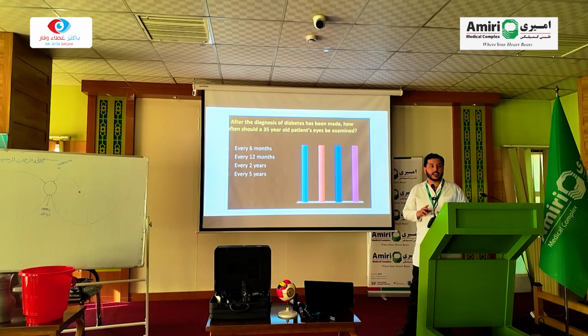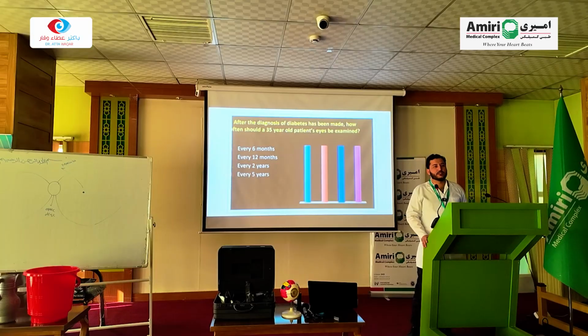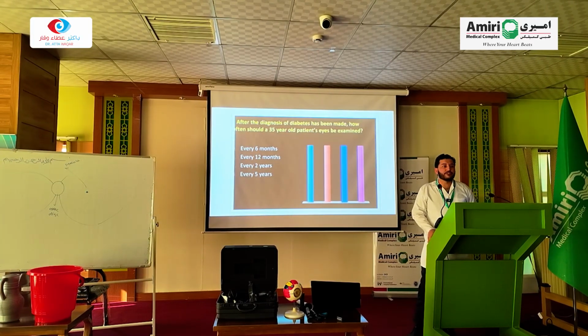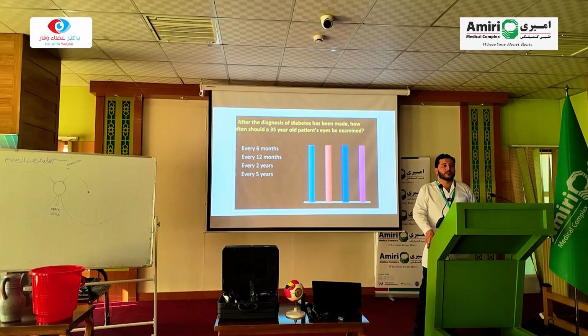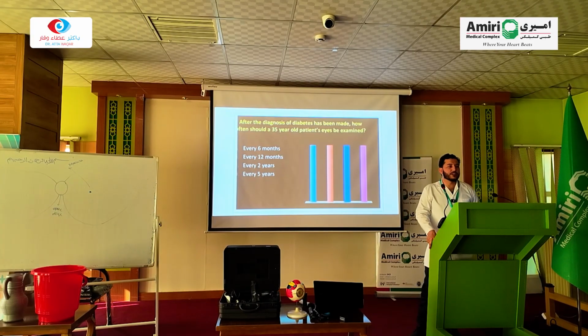So this is one question. For example, after the diagnosis of diabetes has been made, how often should a 35-year-old patient's eyes be examined? Every 12 months, every 6 months, every 2 years, every 5 years? Anyone from the trainees? Every year.